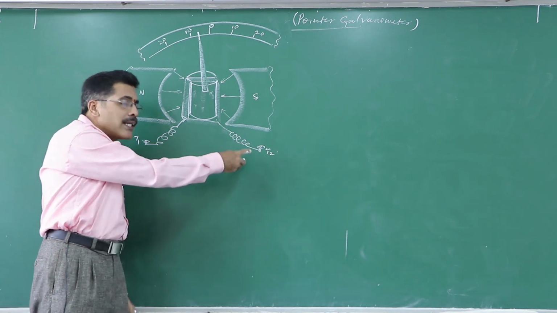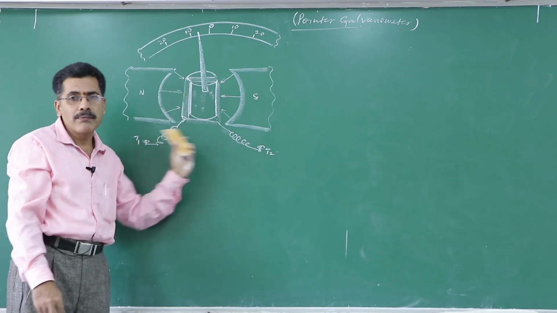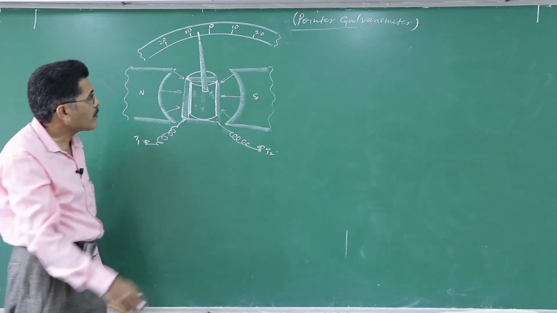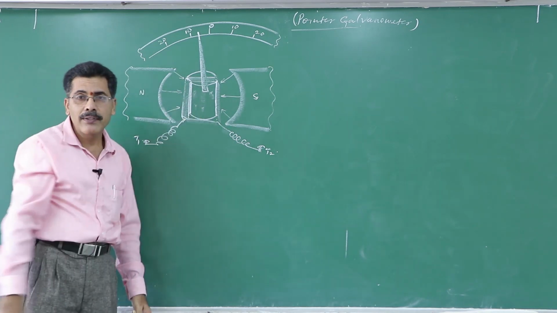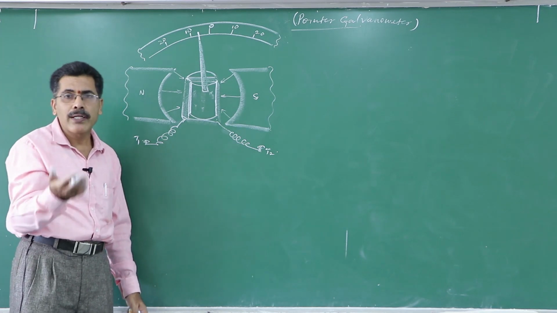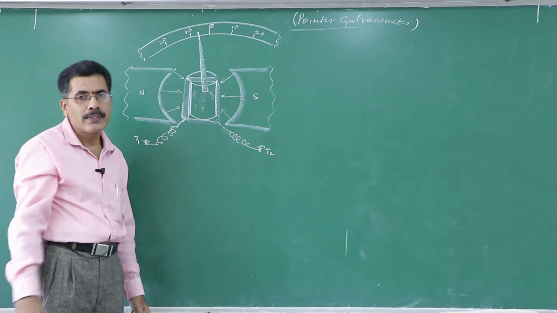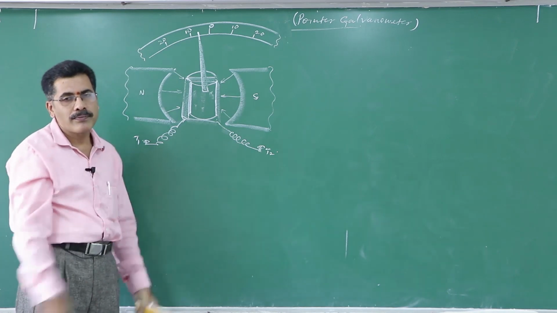When you pass current to the coil through the terminals T1 and T2, current flows in the coil in a uniform magnetic field. You know that the net force acting on the coil is 0, but it is acted upon by a torque. The tendency of the torque is to deflect the coil.